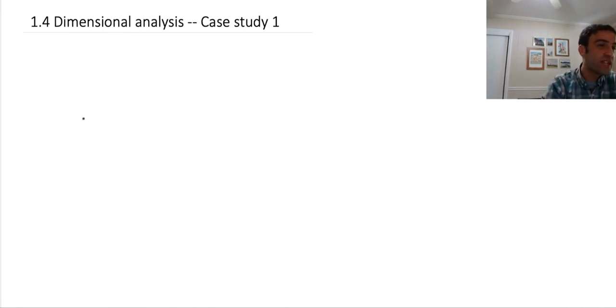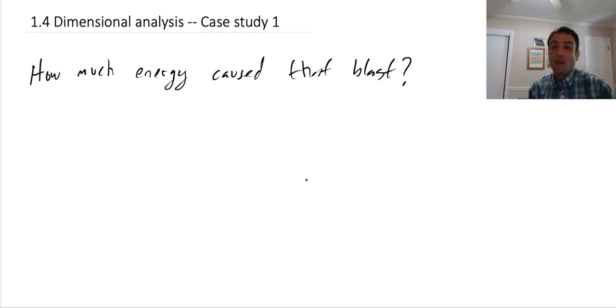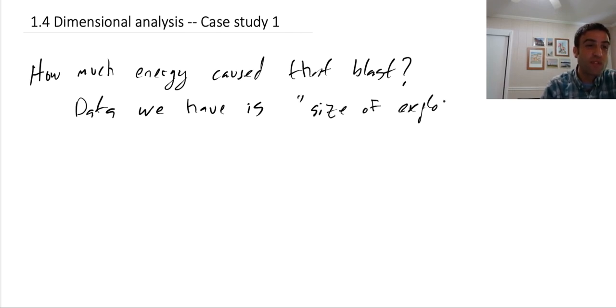What we want to say is, how much energy caused that blast? And the data we have is the size of the explosion versus time, right? Because we could go into those photographs.